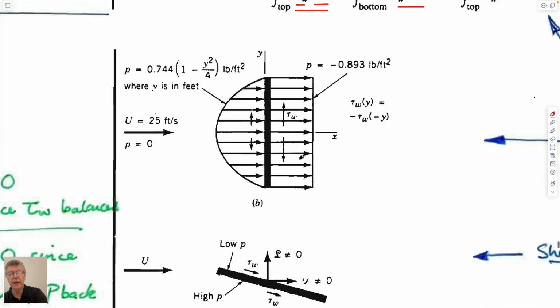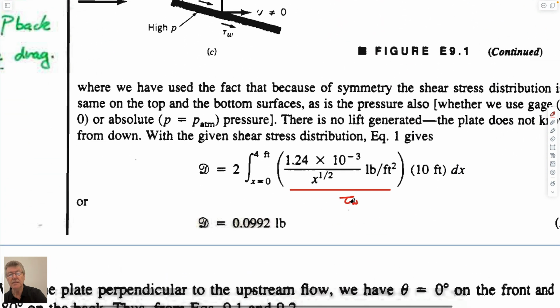And so the rationale of summing those components is that this is the magnitude of the shear stress, this is the width into the page, this is the length along the plate that you have to integrate it, and you're integrating it from the front end of the plate to the back end of the plate, and you're doing top and bottom. And I haven't checked this result, but if you integrate that, x to the minus half should be, what's x to the minus half?